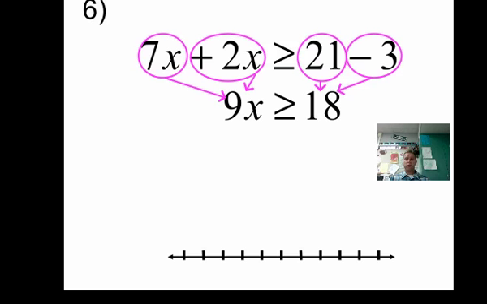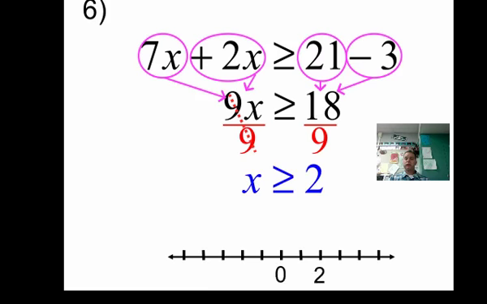Step 4, there's no adding or subtracting in here, so we're not doing that. Step 5, they are multiplying by 9, so we will divide by 9. 9 over 9 is a 1. And we get x is greater than or equal to 2. Do we need to change the sign? Nope, because we divided by a positive 9. So we'll have a closed circle going to the right.